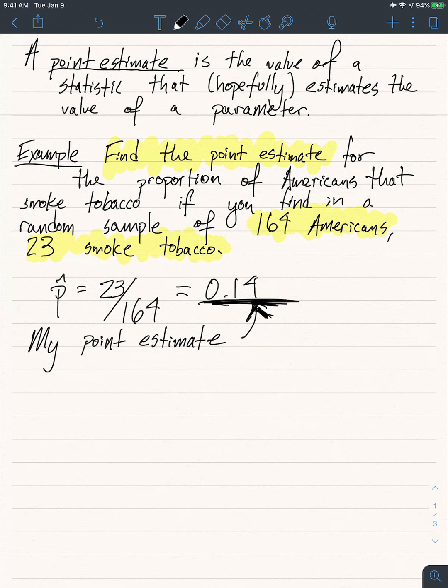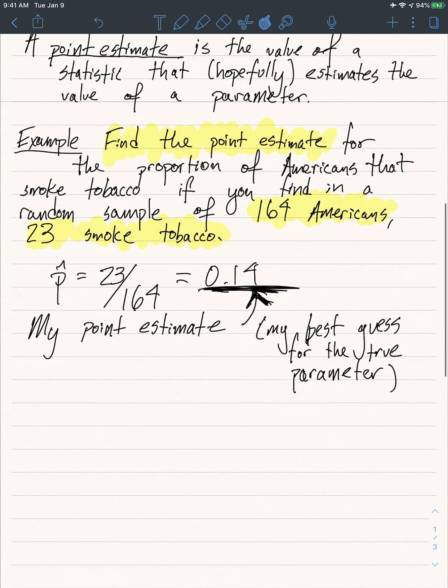This would be my best guess. So that is my best guess for the true parameter's value, right? My sample, my statistic was 14%. So my best guess for all Americans is about 14%. I don't have any other info to go off of.